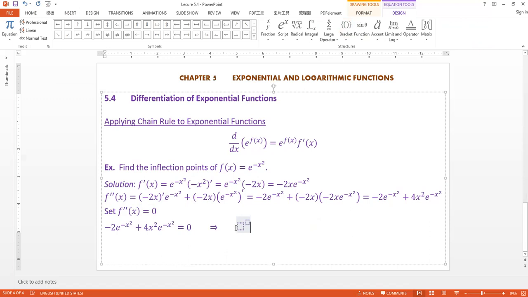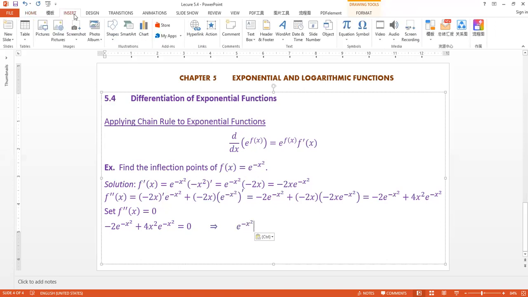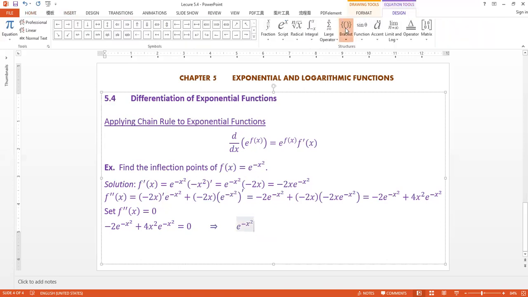I guess I just copy it here. So factor out e to negative x squared from those terms on the left hand side. So we got negative 2 plus 4x squared left on the left hand side in the parentheses.